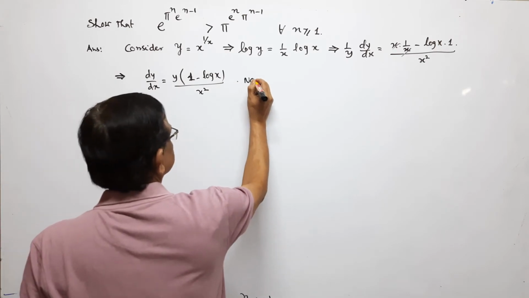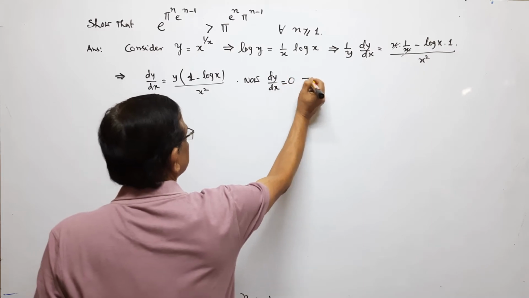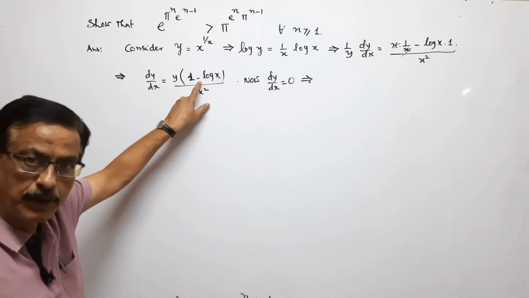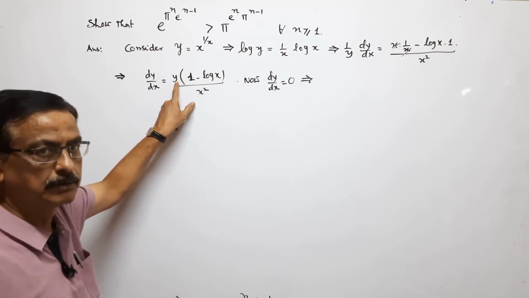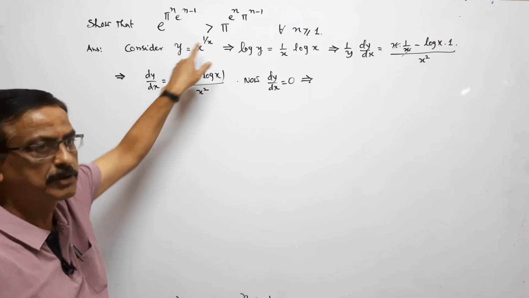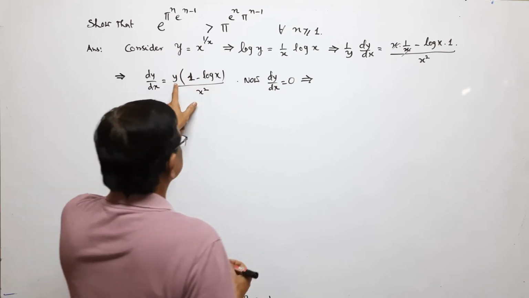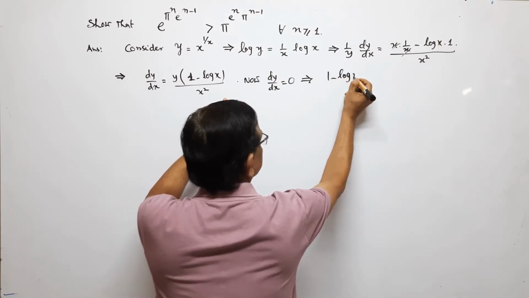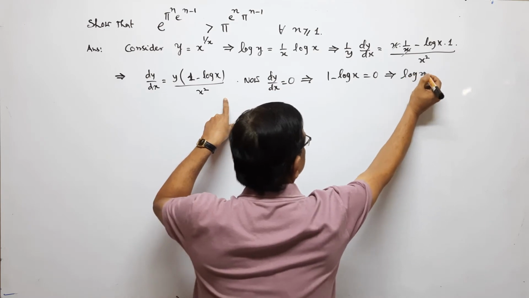Now dy by dx equal to 0 implies the numerator is 0. y into (1 minus log x) is 0. Obviously y cannot be 0. If y is 0, x power 1 by x is 0, so it's nothing to do. So y is non-zero, hence 1 minus log x is 0. This means log x equal to 1.